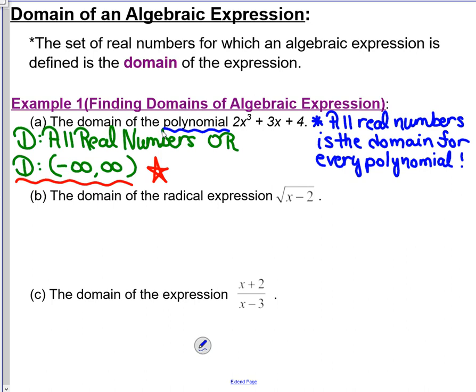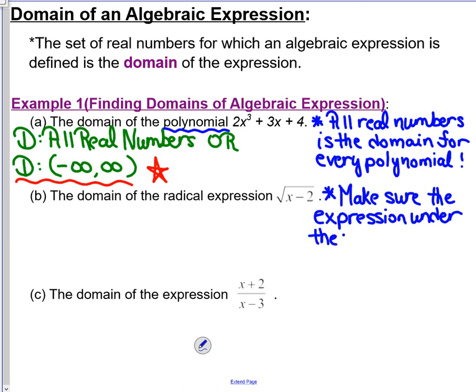So you need to make sure, we'll make a side note here, make sure the expression under the radical isn't negative.